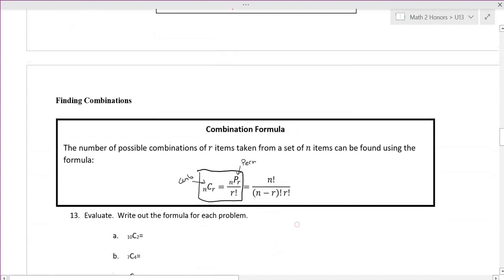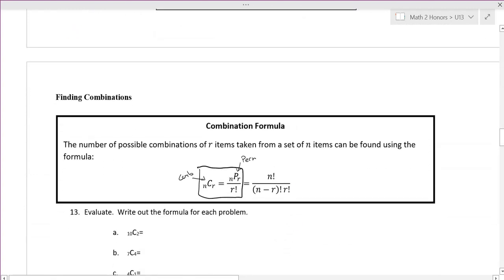Alright, going on. Here's the combination formula that you can use. Notice a combination is a permutation divided by some factorial, or you could just have the full-blown combination formula here.